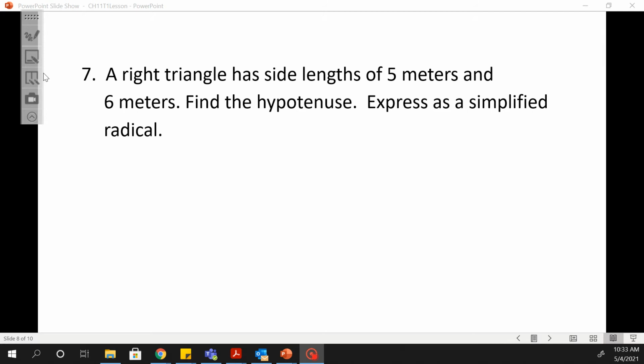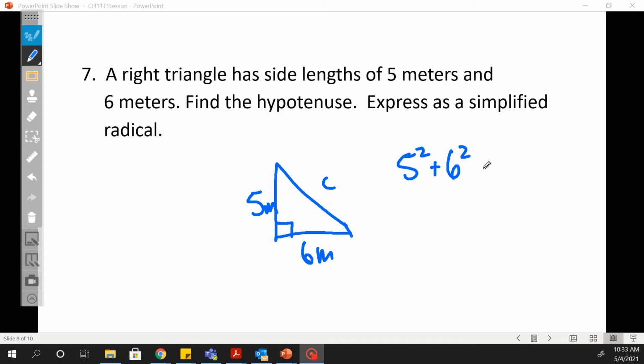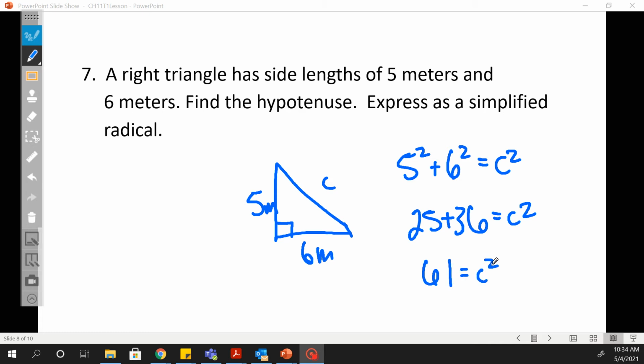A right triangle has side lengths 5 and 6 meters. Find the hypotenuse, which is C. Okay, so we have 5 squared plus 6 squared is equal to C squared. So 25 plus 36 is equal to C squared, which is 61.